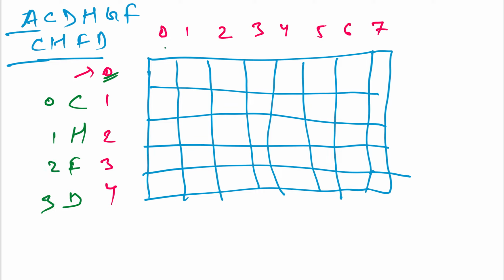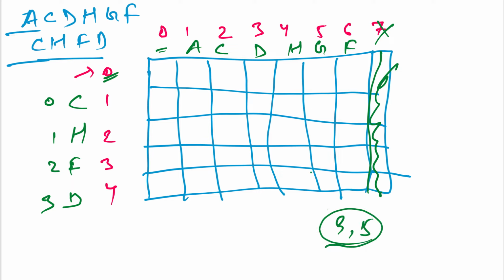This row matches with empty, A, C, D, H, G, F. So remember, in the recursion we were passing the last indexes 3, 5. In this one also our answer will be at 3, 5. 3, 5 is the string index, so in the matrix it is 4, 6 actually.